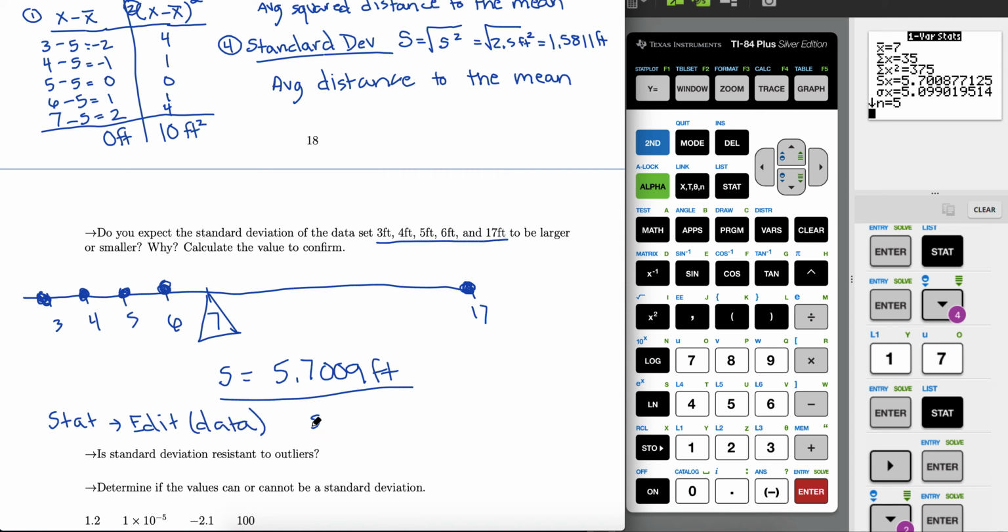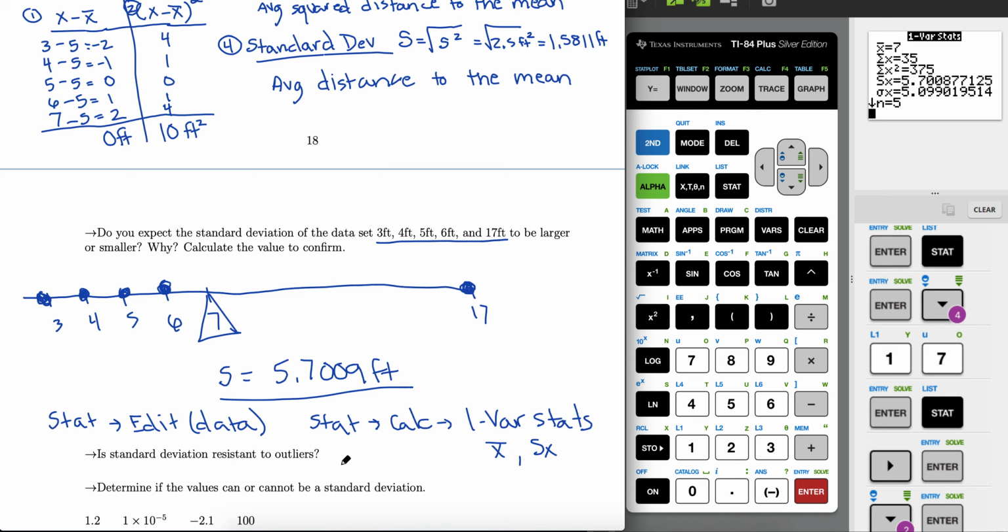And then we went to Stat and Calc and 1-Var Stats to get some information. We got x bar and then Sx, which gave us the mean and the standard deviation of our data set. And indeed, notice here, the standard deviation 5.7 is huge compared to what we found earlier, 1.58. So changing one observation definitely changed the standard deviation quite a lot.